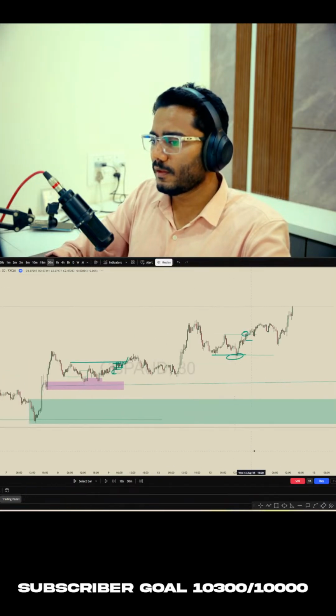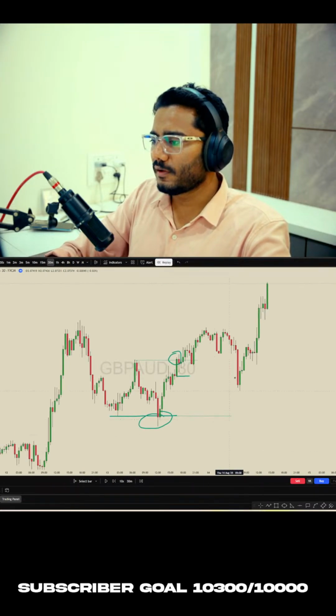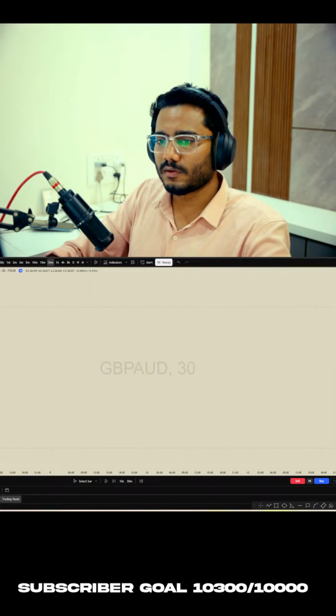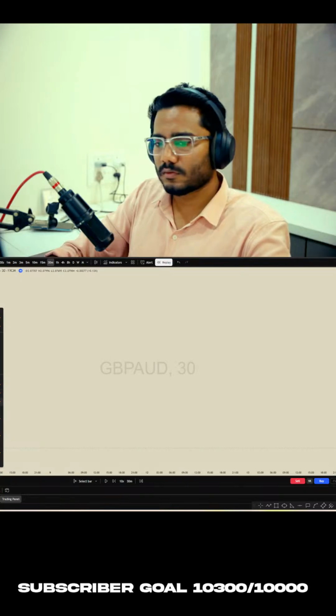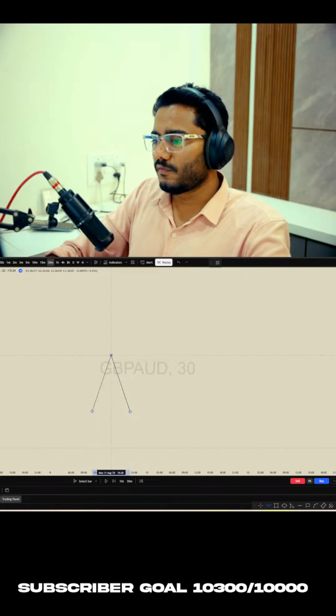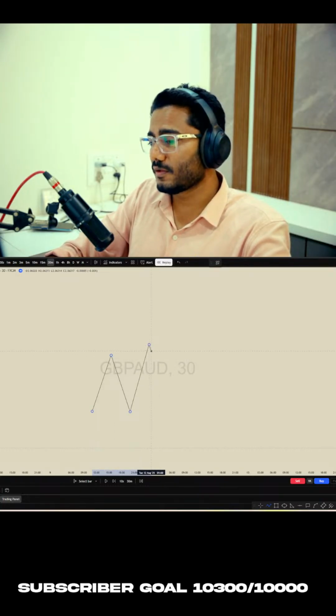And one more thing, let's say if this is structure and if this is a high, and if price comes to the upside, breaks the structure with a wick.